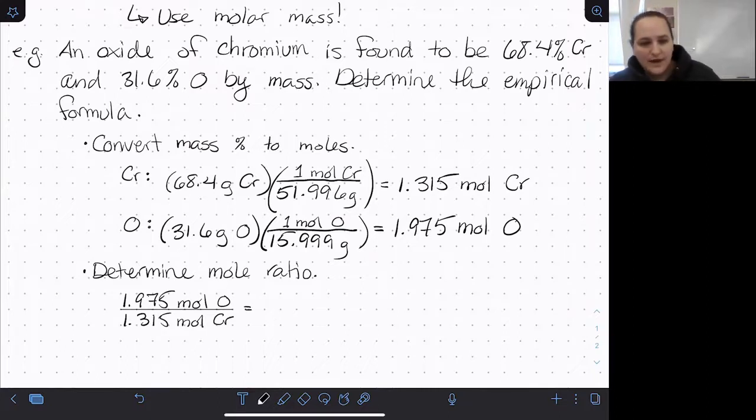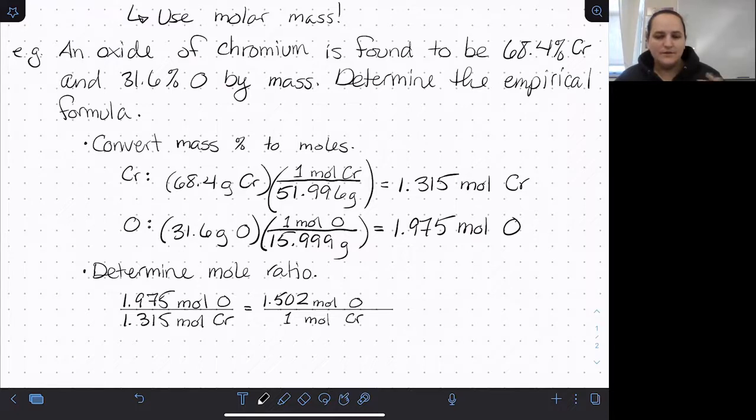If we do that division, we get how many moles of oxygen there are for every 1 mole of chromium, and it comes out to be about 1.502.